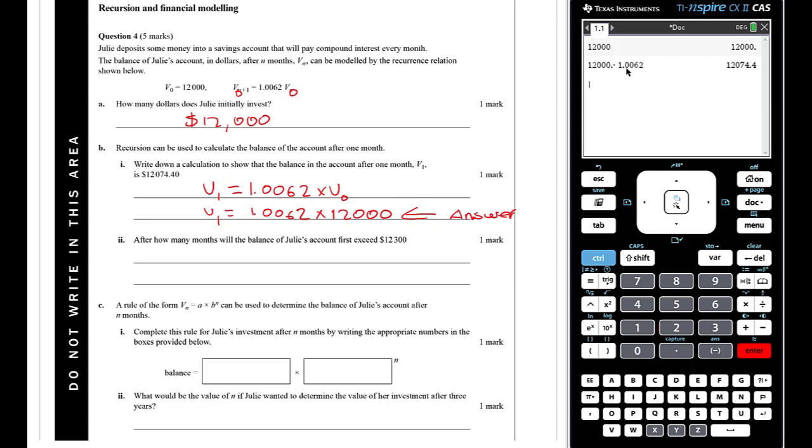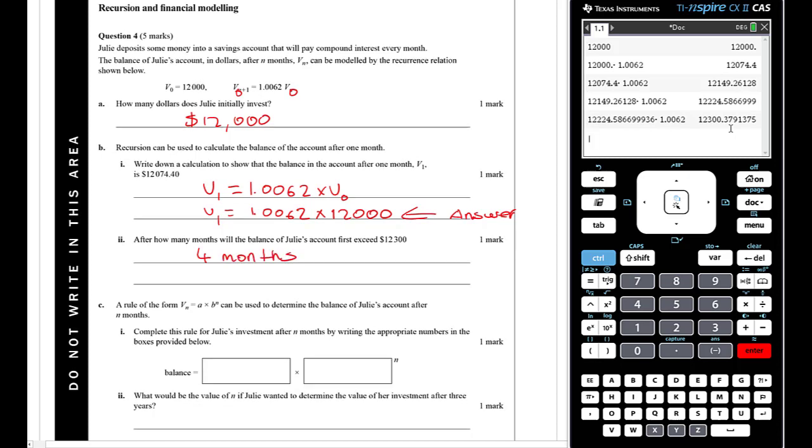That's V1, that's V2, that's V3, and that's V4. As you can see, I stopped there because it was after 12,300. That's 12,338 and some cents. So your answer would be 4 months.